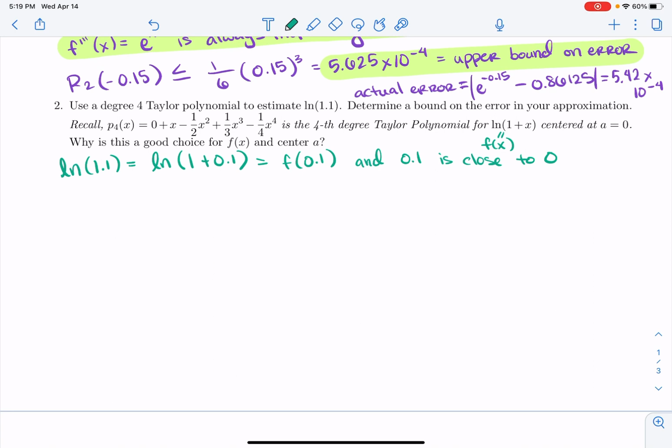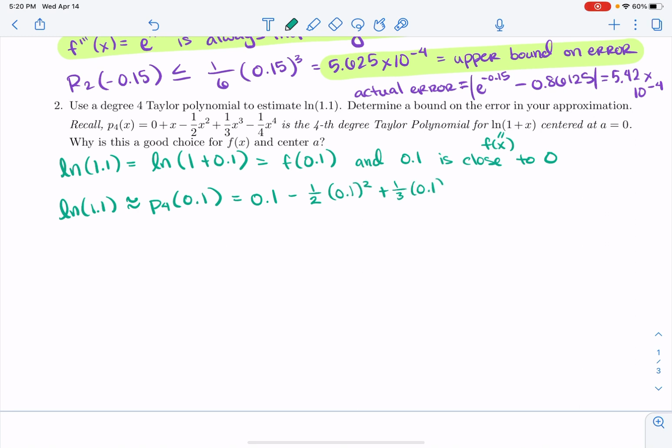So now we'll estimate ln of 1.1. ln of 1.1 is approximately P4 of 0.1, because again, this is ln of 1 plus x, so x in this case is just 0.1. That's equal to 0.1 minus 1/2 times 0.1 squared plus 1/3 times 0.1 cubed minus 1/4 times 0.1 to the 4th.